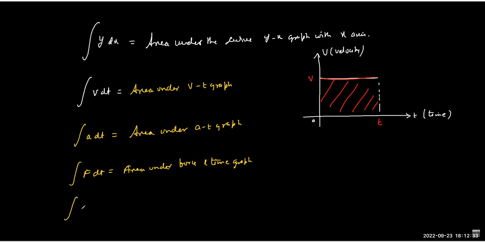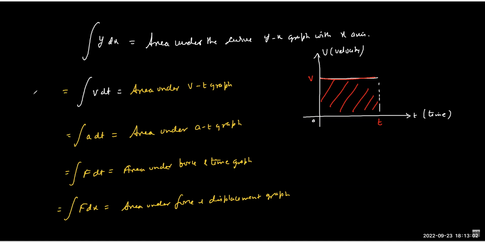If I write f dx, this is the area under the force and displacement graph. Later on, in various chapters of physics, everything will get a name or an equivalent value.